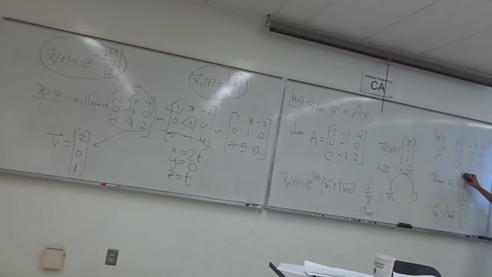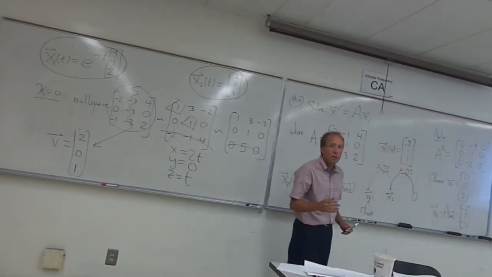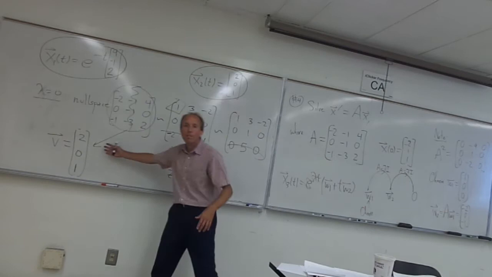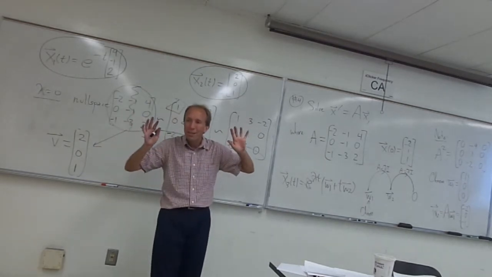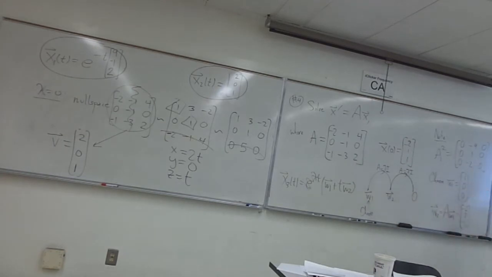You're not trying to choose W1 so that it gives you V. That's not important. You're just choosing W1 so that it survives A times W1. So that it survives A.